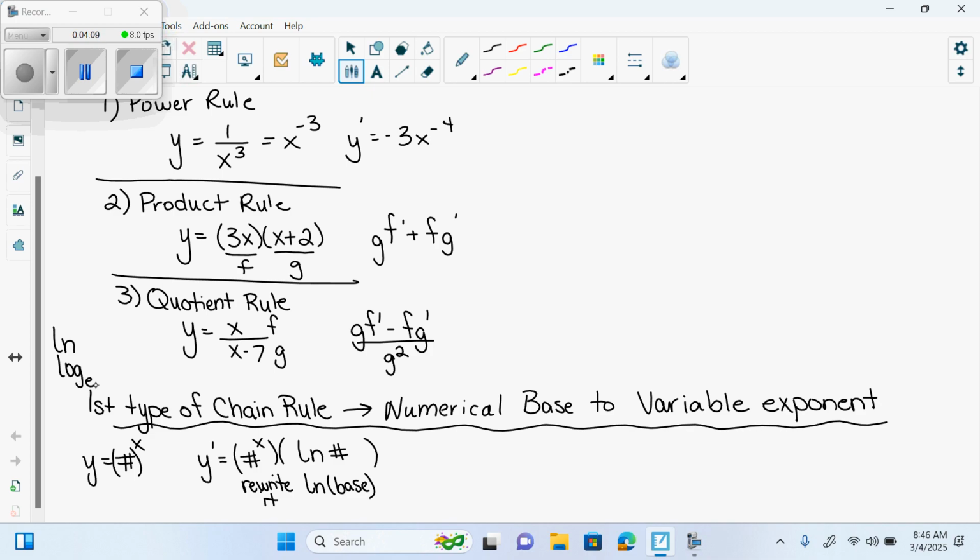It's the same thing. So ln is just log base e. Just like if I write log and I don't put a base on it, that's base 10 because it's one of the most common logs. Base e is also another common base for a log, so they write it as ln instead. And then the last thing you do is the derivative of the exponent. So in this case it would be 1.